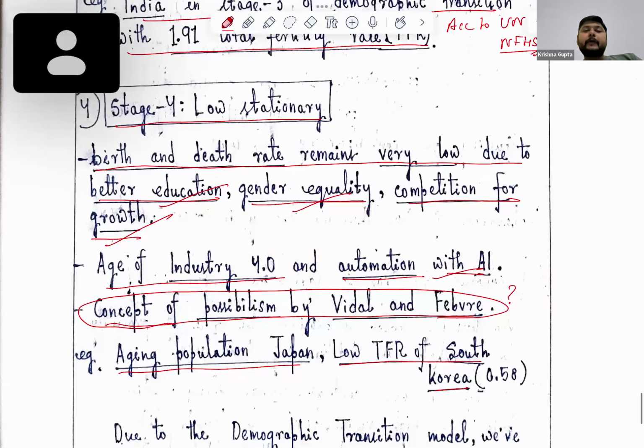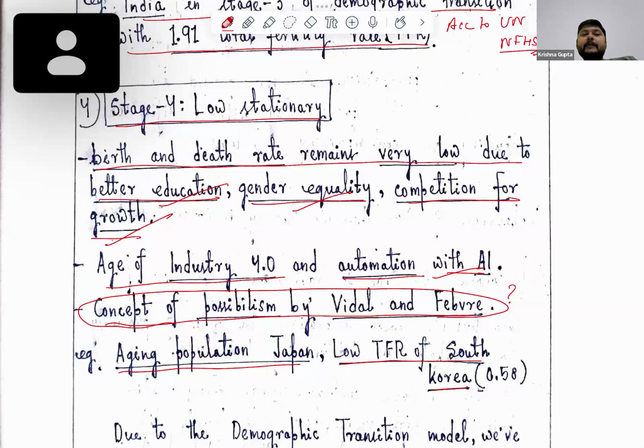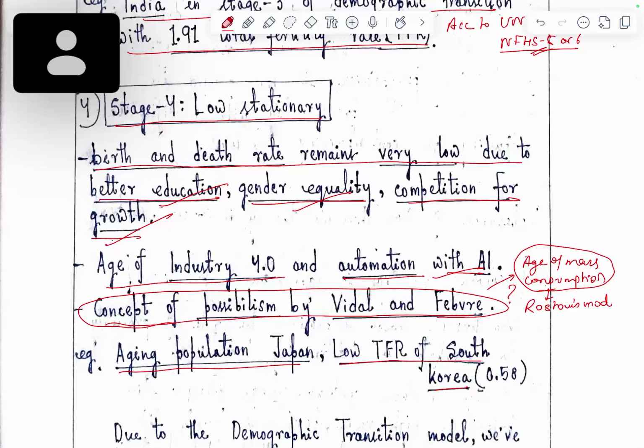Okay. If you want to give it a perspective here, we can compare it with the age of mass consumption, which is propounded in Rostow's stage model. Basically, possibilism is where human beings are trying to defy nature's laws and limitations.